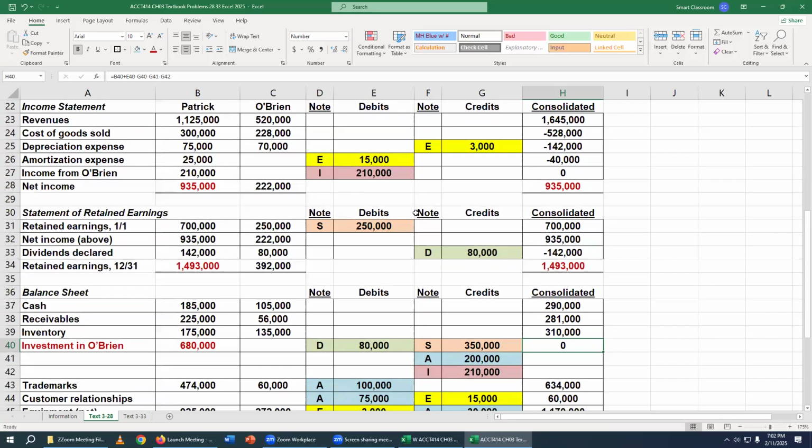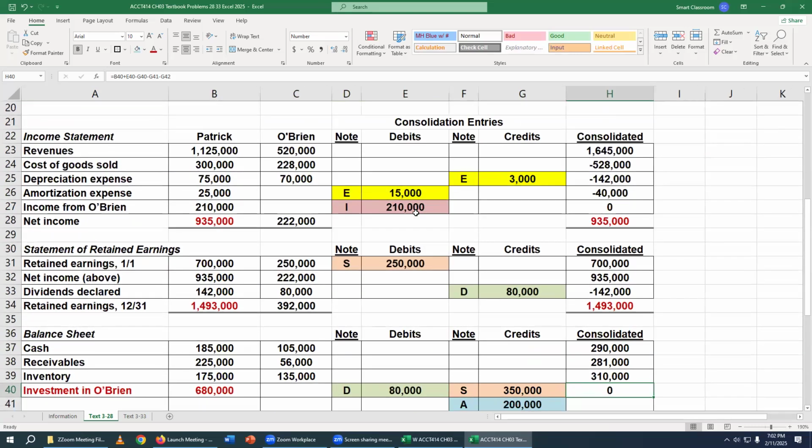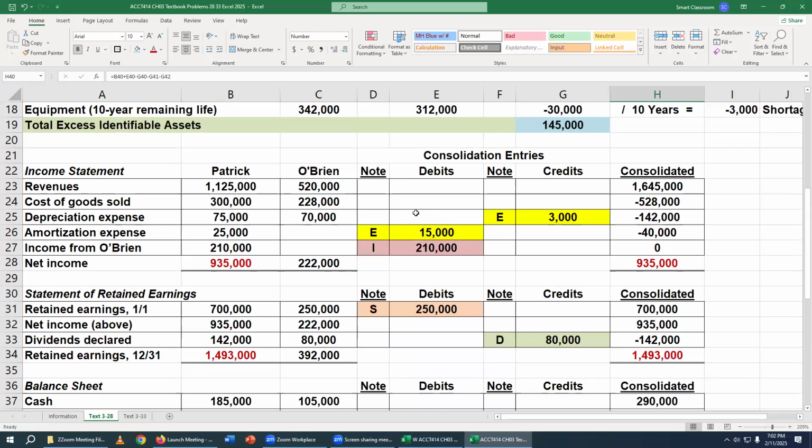Back in the day when I was taking the CPA exam, these were always the big ones. This is the income statement, the statement of retained earnings. You can almost count on one of these being on the test. They always had a statement of cash flows, and they always had something on the financial statements.